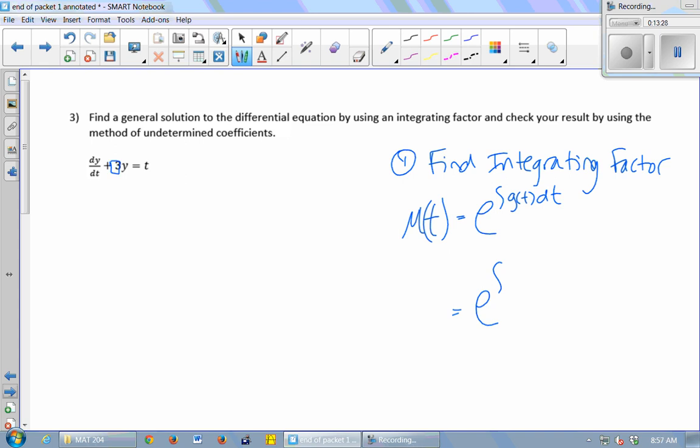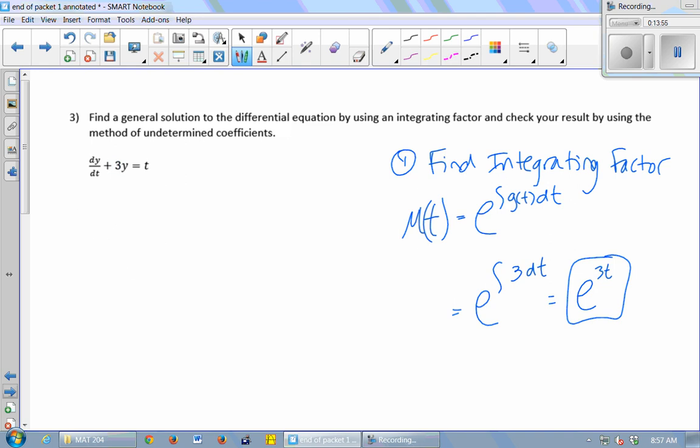So this is e to the integral of 3 dt, which is, what's the integral of 3 dt? 3t. So this is e to the 3t. And I only need one integrating factor, so I'm not going to write plus c. I'm just going to take that c to be 0. So this is my integrating factor mu of t, e to the 3t.